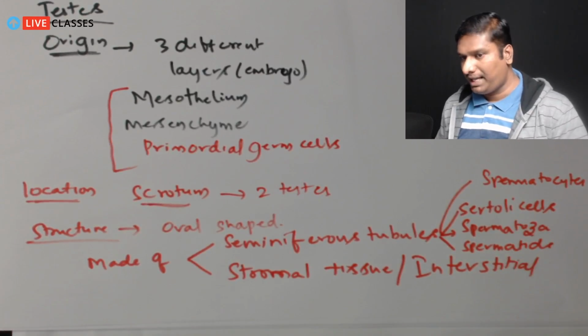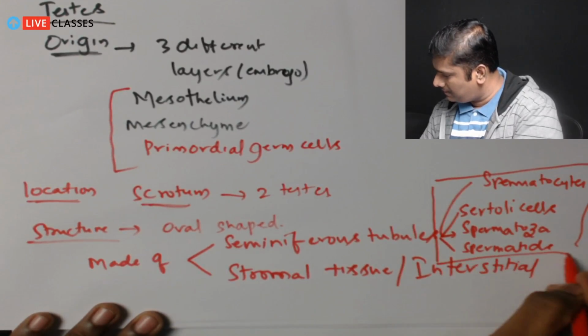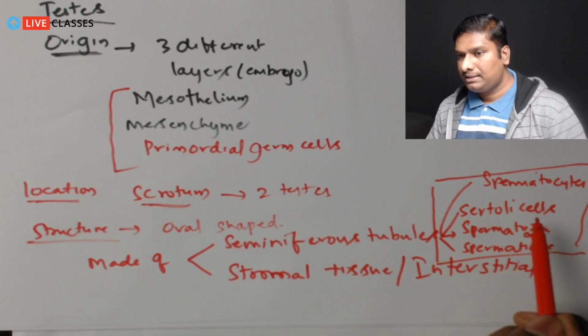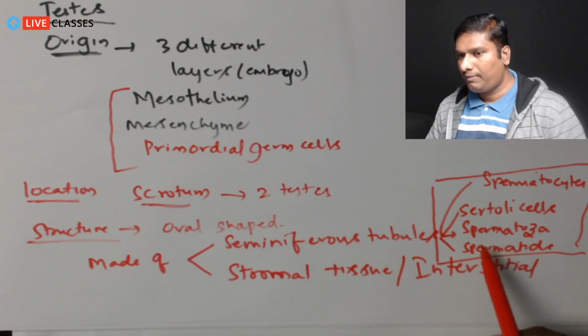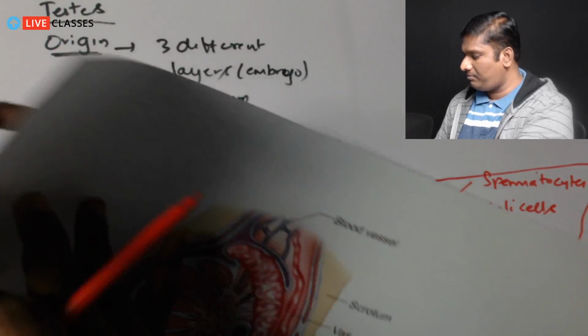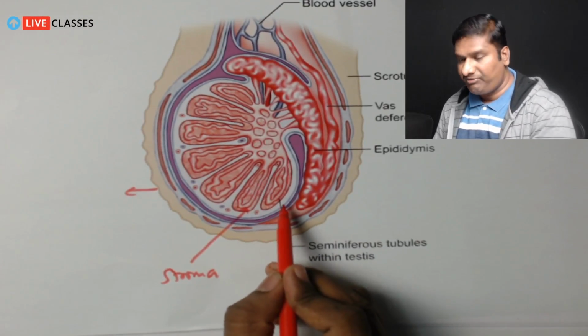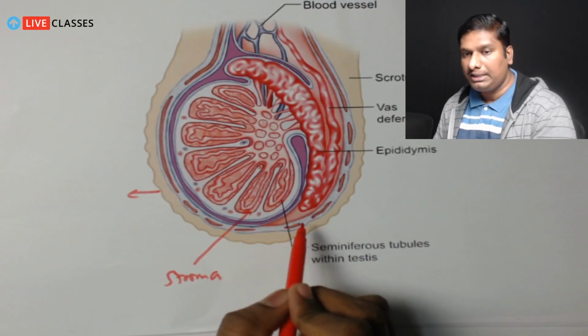All of these cells you will find inside the seminiferous tubules.